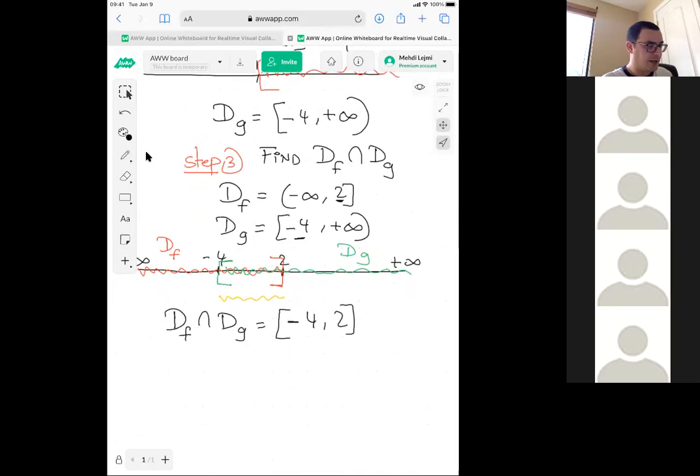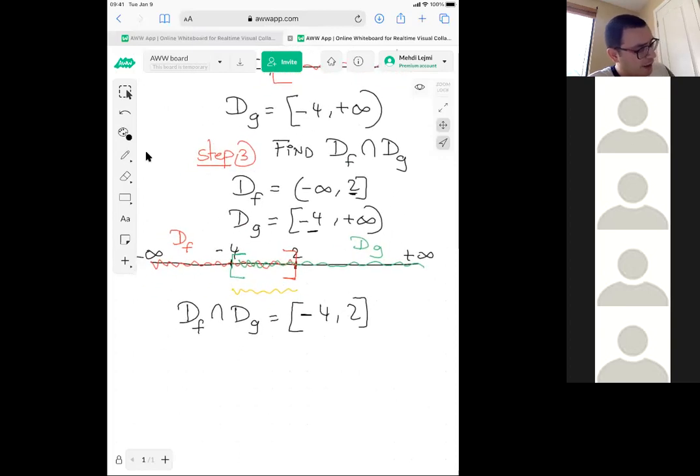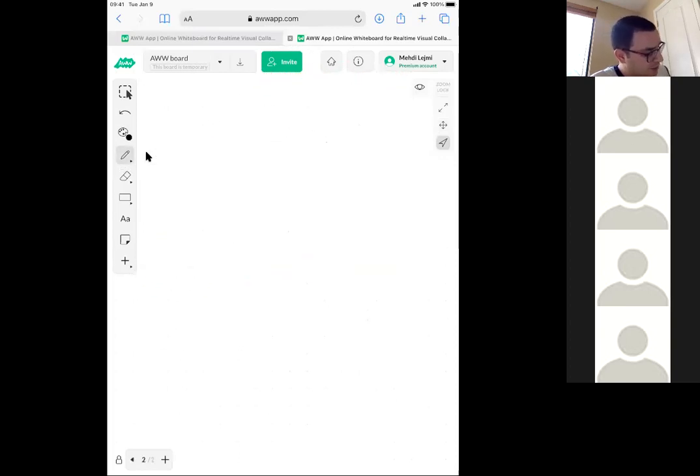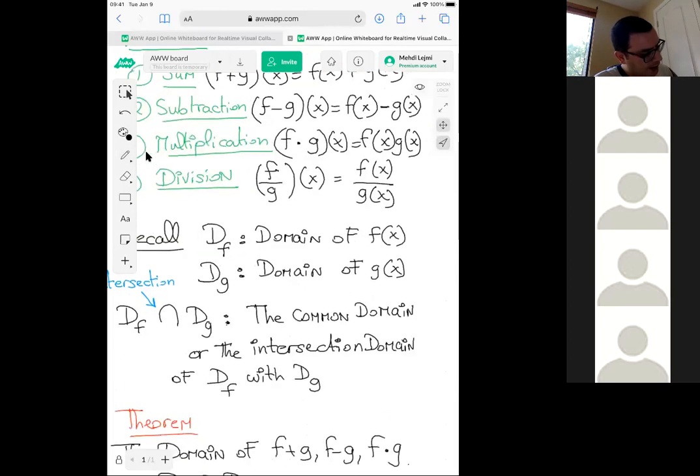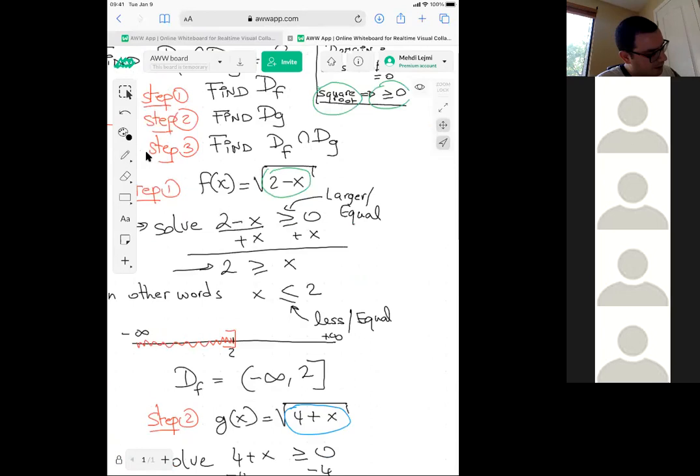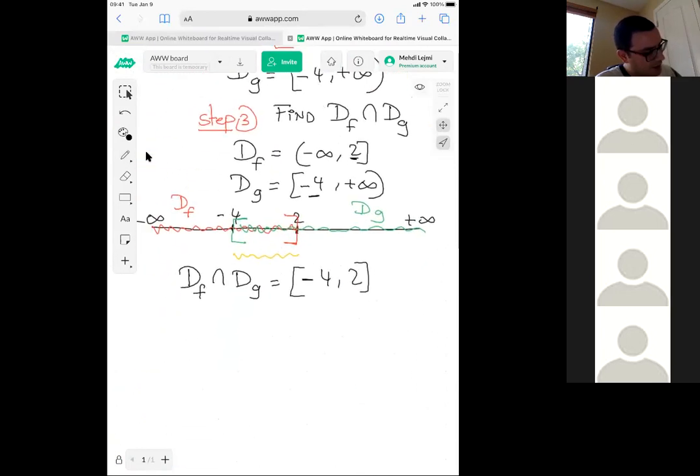So we are not done yet because we didn't answer the question. Again, the question was to find the domain of f plus g, f minus g, f times g, and f over g. So then we can use this common domain to answer the question.